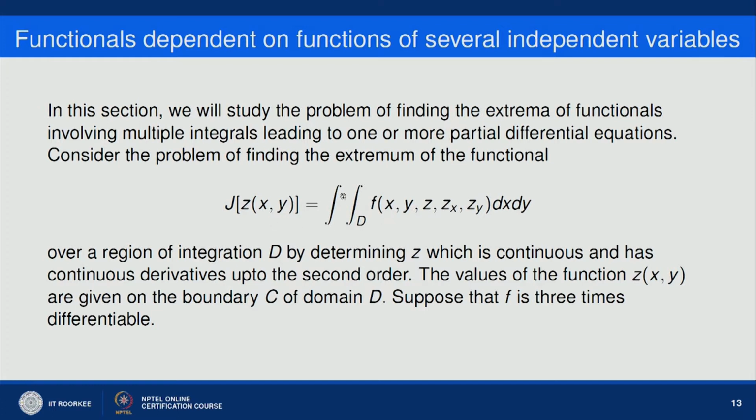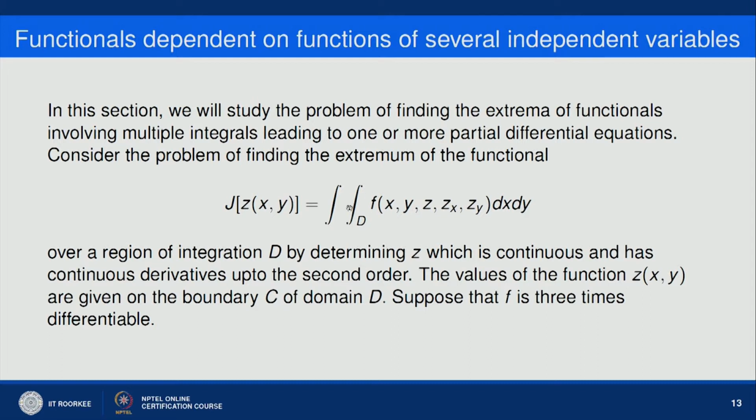Here D represents the domain on which this surface is defined, and we say that this domain D is bounded by the boundary C, and the value of z on the boundary C is given by some condition. In this case we can call this a boundary condition.